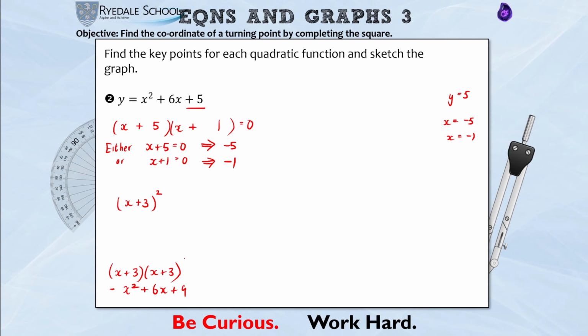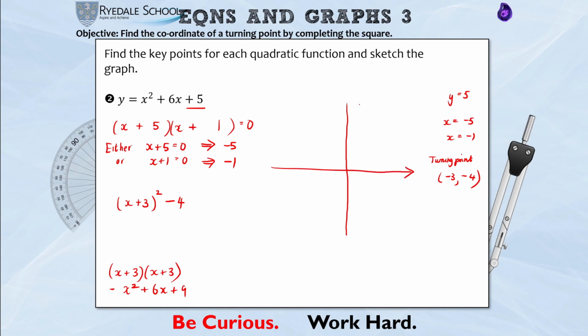I need to get it back to 5. I am subtracting 4. So what does that tell me about my turning point? Remember, it's the opposite of that one. So it's -3, -4.